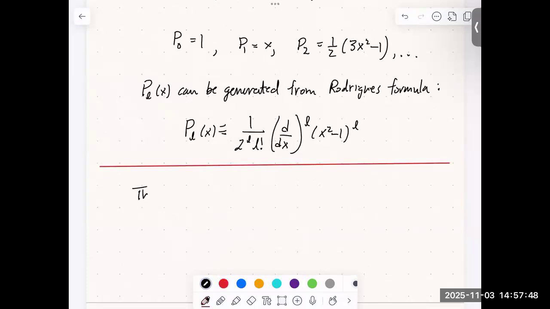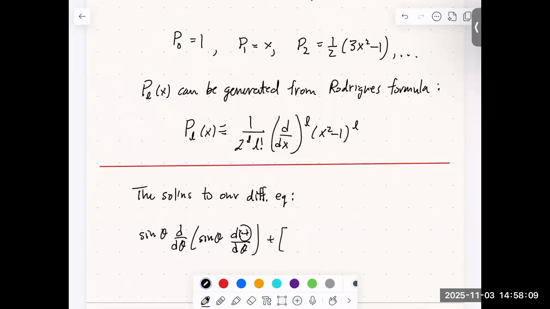So the solutions to our differential equation, which I'll rewrite again: sine theta d d theta, sine theta d d theta, plus L times L plus 1 times sine squared theta minus m squared.